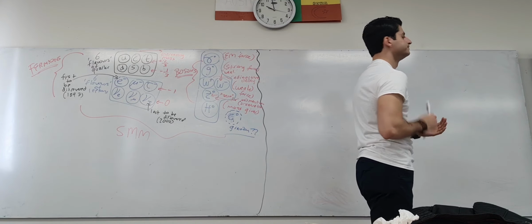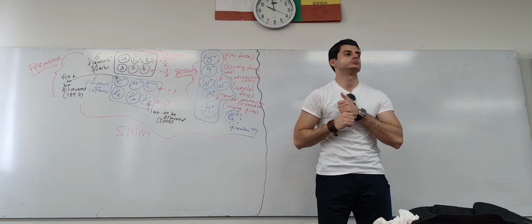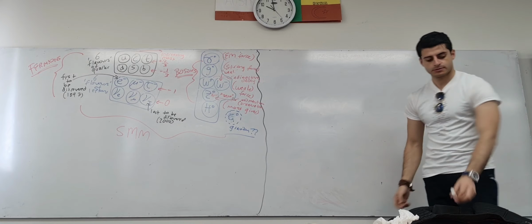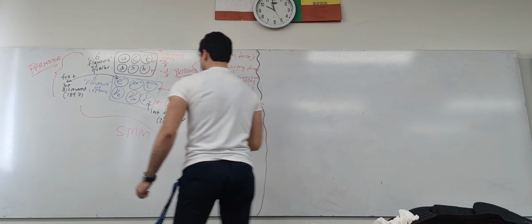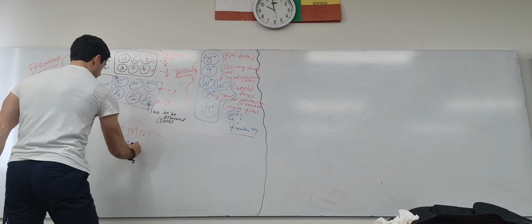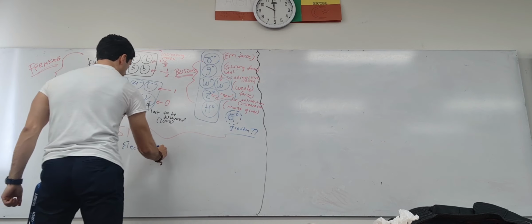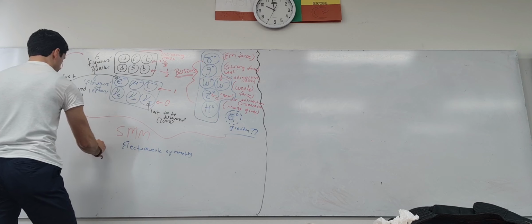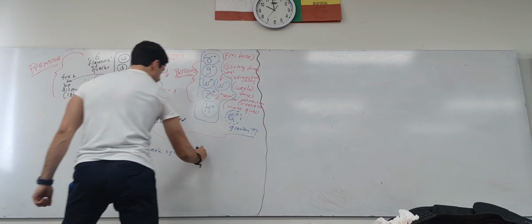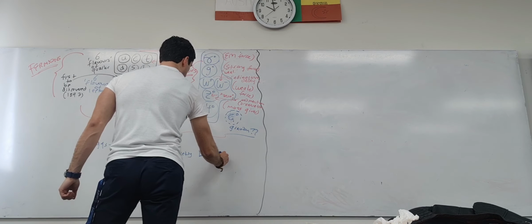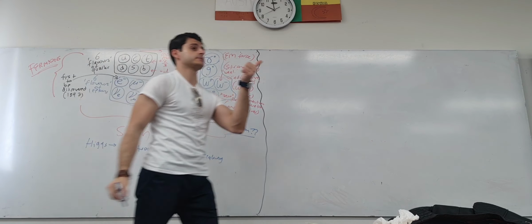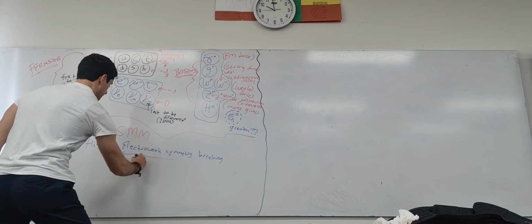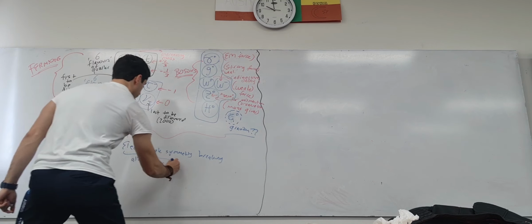Oh, what's the Higgs? Yeah, predicted 1964 through some maths. It basically allows for what's called electroweak symmetry breaking. What does that mean? It allows for electromagnetism to separate from the weak force.